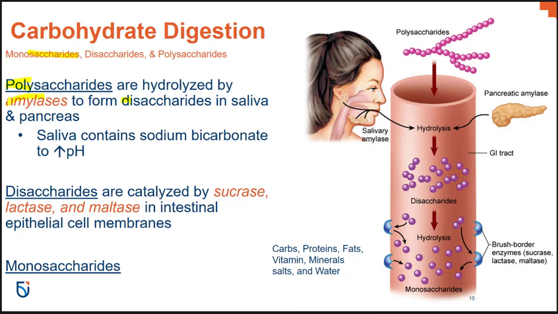So amylases are produced by and found in your saliva and your pancreas. And so they are called salivary amylase and pancreatic amylase based on where they are initially produced. So these enzymes then will break down these polysaccharides, so let's say starches, into a smaller form such as disaccharides.